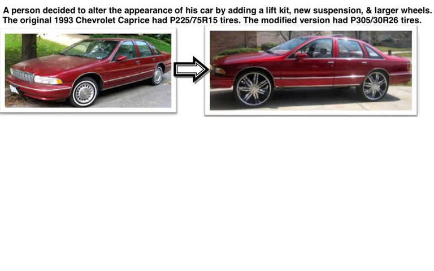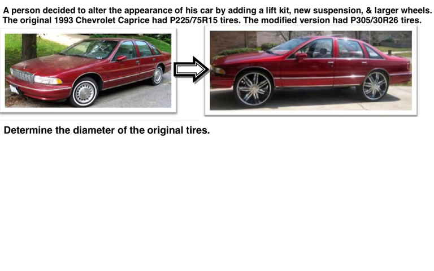So now we have just a little bit more, the exact same basic thing. We're going to start with two tires, a little bit different numbers. We have a P225/75 R15, and we modified it to P305/30 R26.